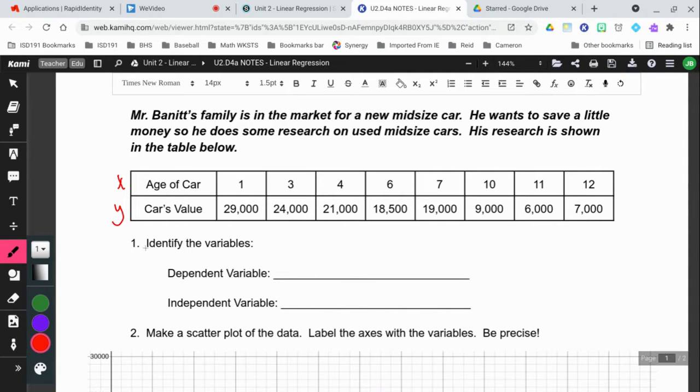So in this case, and in any case, the dependent variable is the Y variable. So for this, it is the car's value. The independent variable, that's the one that always is the X variable, which would be the age of a car.